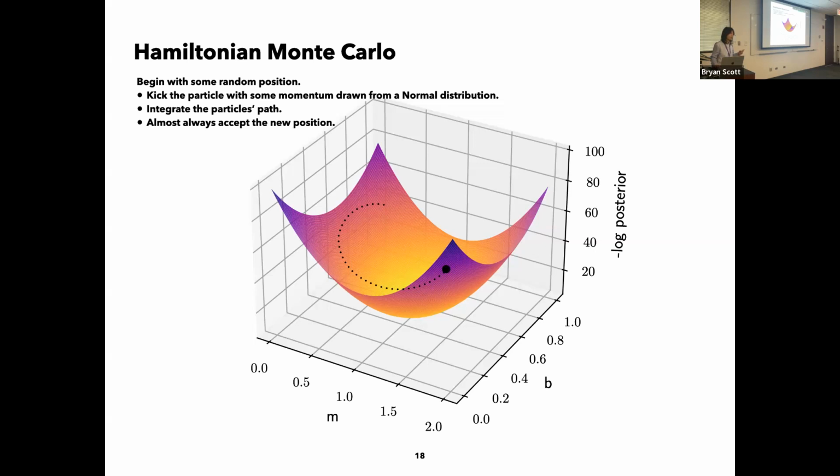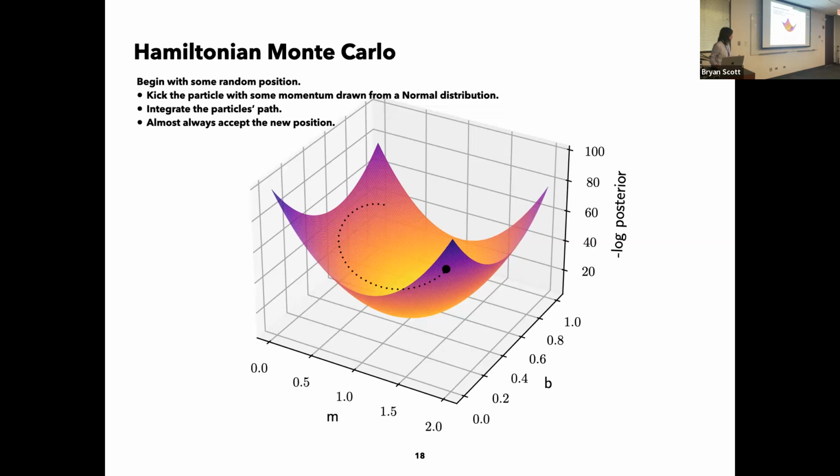Does it make sense? We just integrate the track of this ball on this potential map, and this potential map is just the negative log likelihood of the posterior. So if we do this trial an infinite number of times, the number of visits at each location will always represent the posterior distribution.